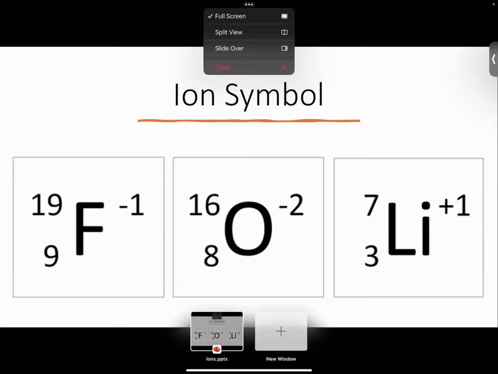What you will notice if you look at that periodic table, everything to the left of that diagonal carries a plus charge. Everything to the left of that diagonal is going to form cations. Everything to the left of that diagonal are called metals. And metals form cations.